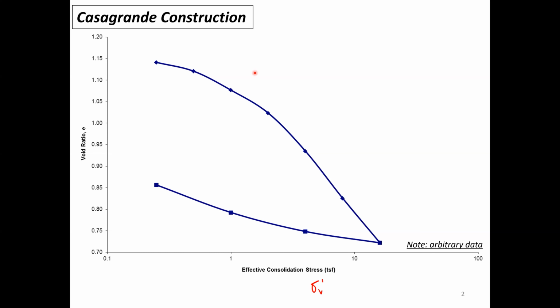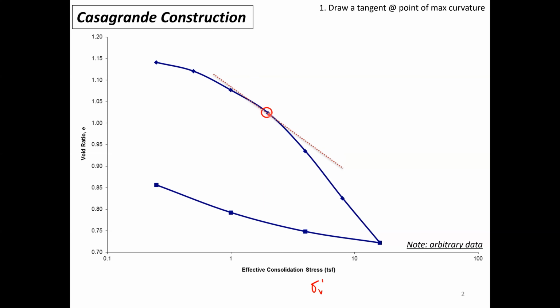So now we have this curve. The Casagrande procedure tells us what to do. First, we identify the point of greatest curvature. So if we put a straight edge and keep sliding, the change of the slope gives you the point of greatest curvature, which is the point where it gives you the greatest slope when you fit a tangent line along the curve, and that is the maximum curvature point.